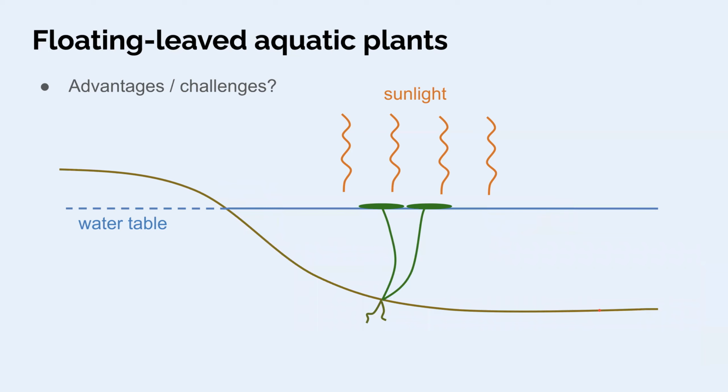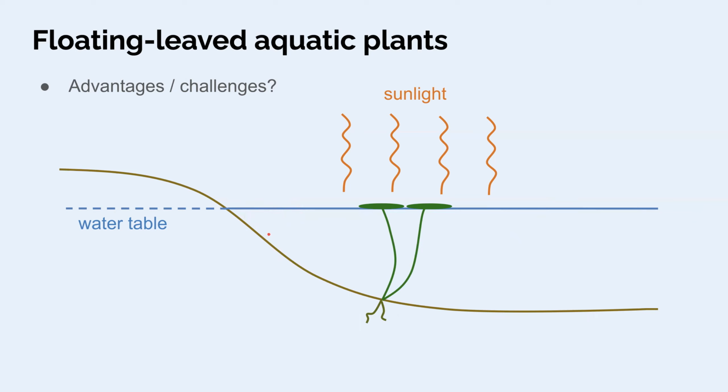Okay, so we're going to zoom in on these different groups one at a time, starting with the floating leaved aquatic plants. I think these are some of the more charismatic aquatic plants and ones that you're probably familiar with. At their particular position in the water body, they typically occupy a position farther out in the water depth, which gets them away from the challenges of wave movement that might be pushing them around and churning up the water.